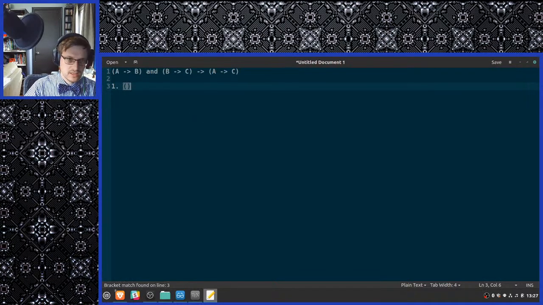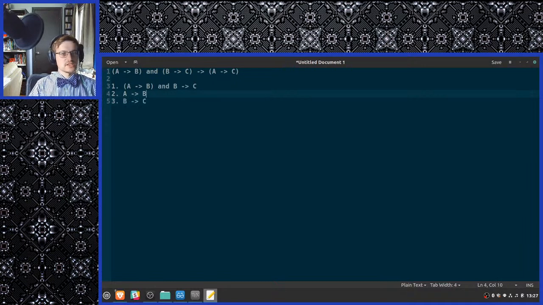We are taking it for the moment true that A implies B and B implies C. From that, we can determine that A implies B, and that B implies C. These are both facts that we have.